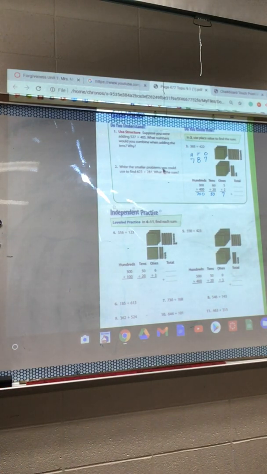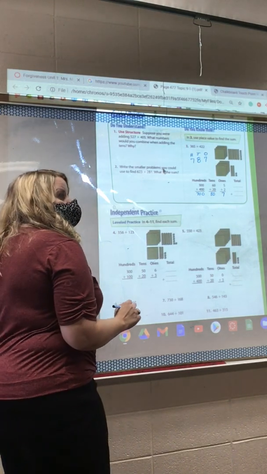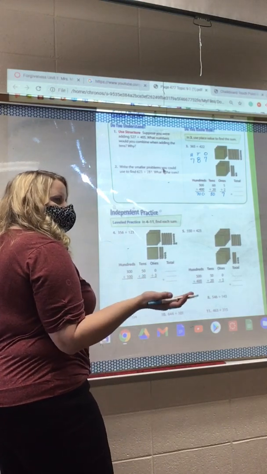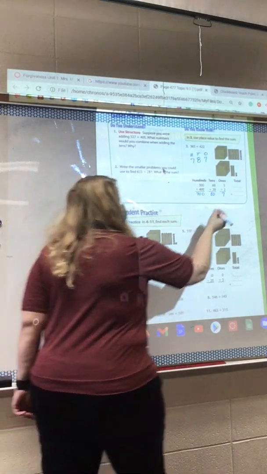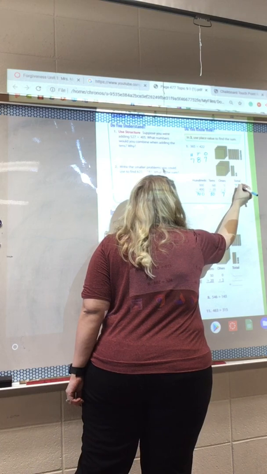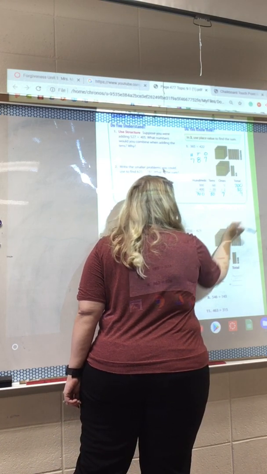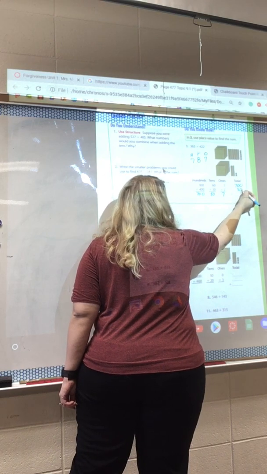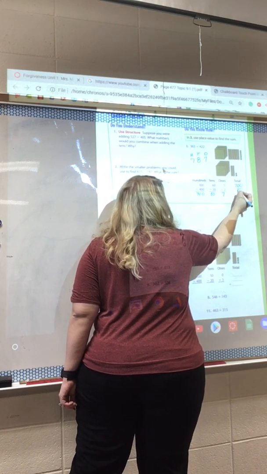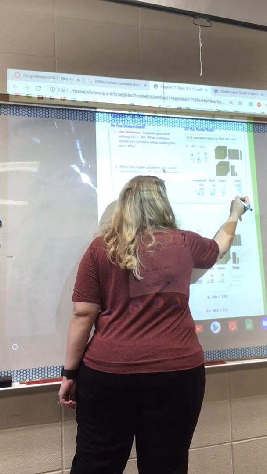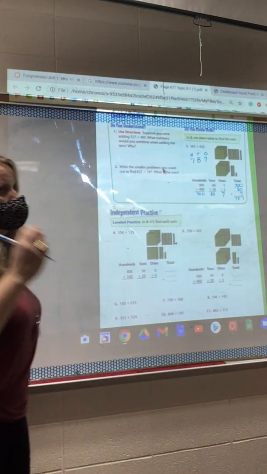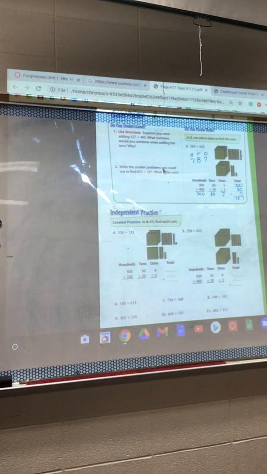There would probably be in the first row a 700, and in the second row an 80, and in the third row a 7. Right, and then do you think we're just going to leave it like that? No. No, what do we got to do? We got to add them together, right? So 0 plus 0 plus 7 is 7, 0 plus 8 is 8, and 7. Okay? Not too bad, right?